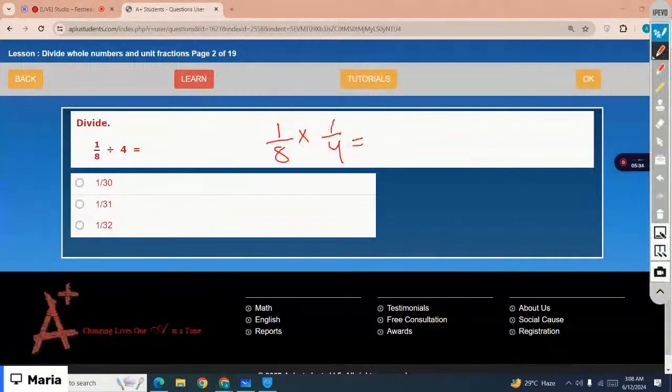So which is the correct option? The correct option is 1 over 32. Option number 2 is the correct option, right?